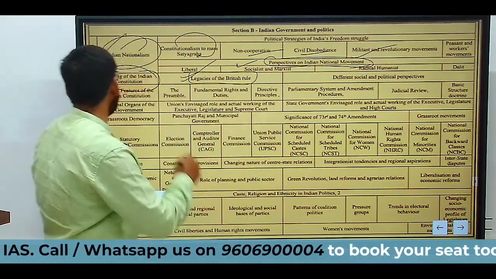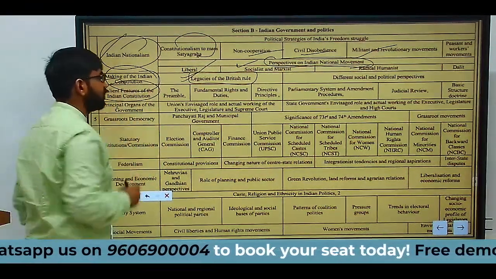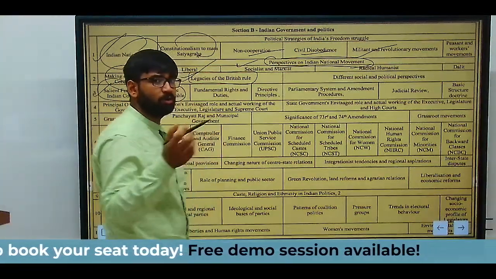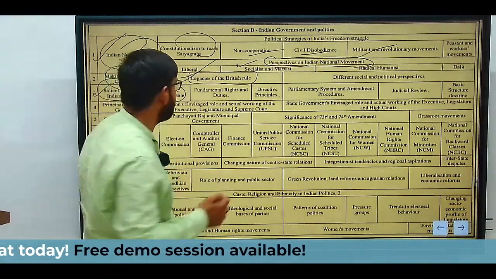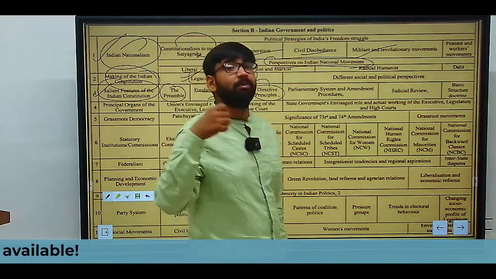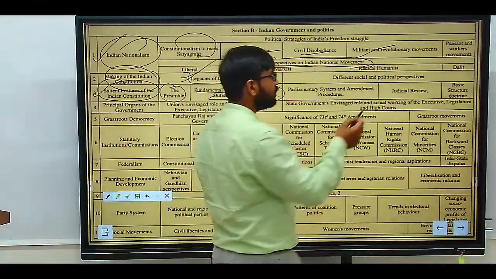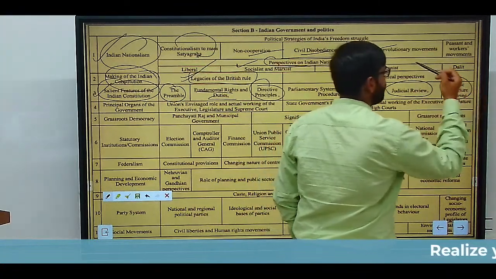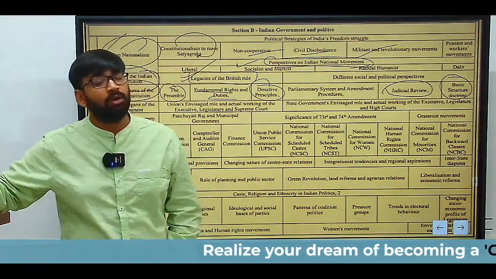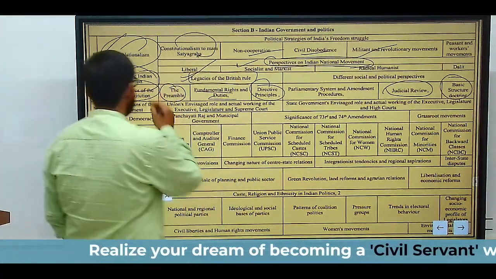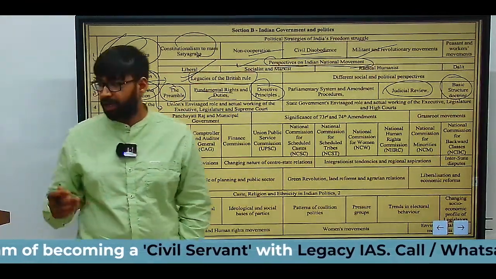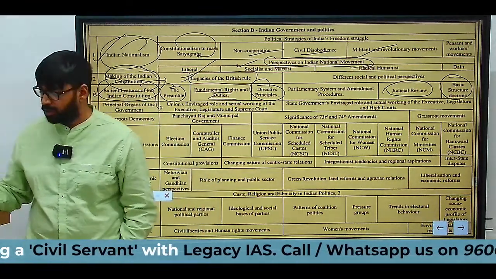After that we will come to know the features of the Indian constitution, like the preamble, the concept of which we have taken from the United States of America, then fundamental rights and duties, DPSP, parliamentary system, amendment procedure, then judicial review, then the basic structure doctrine, where we will discuss different cases and different scholars also. These salient features of the Indian constitution come under Indian politics also, so this is related to your GS Paper 2 as well.